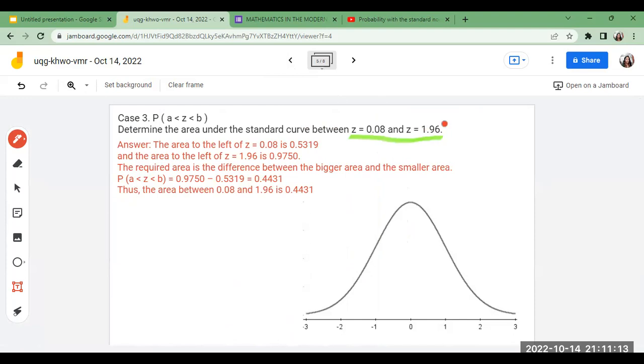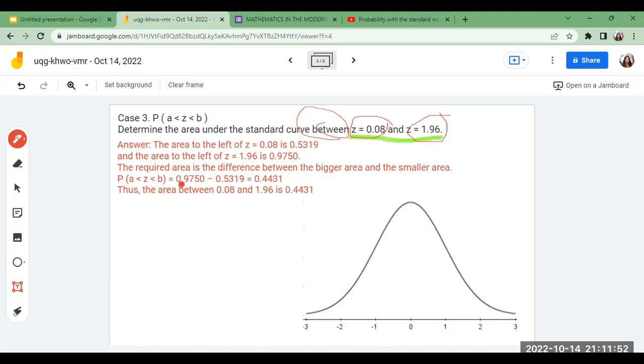Now, if we are looking for the area between, we're going to subtract the smaller area from the bigger area. Our bigger area is for 1.96 and the smaller area is for 0.08. The area to the left of 0.08 is 0.5319 and the area to the left of 1.96 is 0.9750. So that's 0.9750 minus 0.5319.